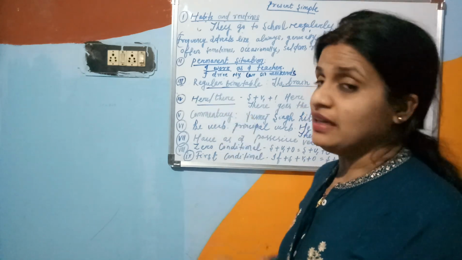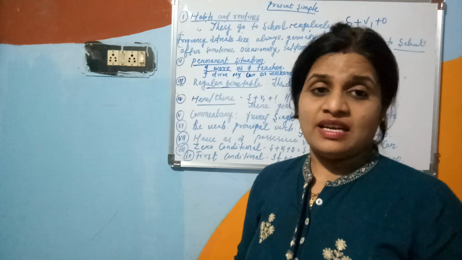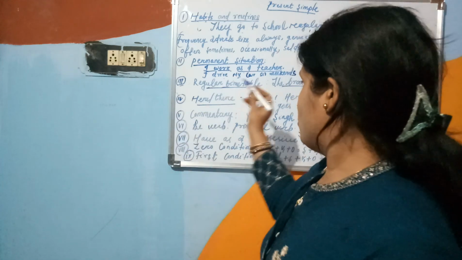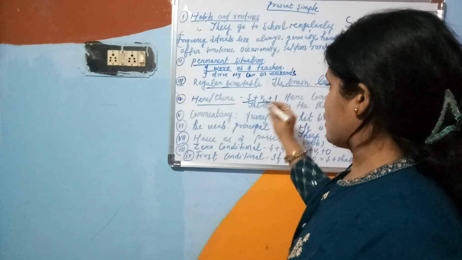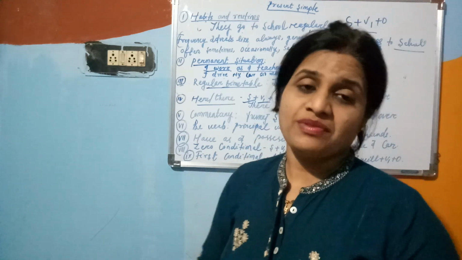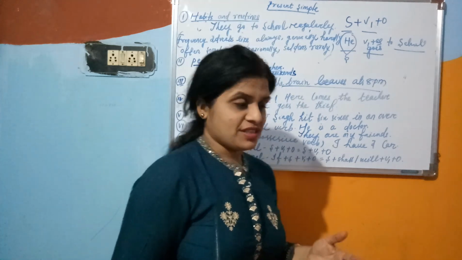Next is the "here and there" usage. Generally we use the rule subject plus verb 1 plus exclamatory mark. There are four types of sentences: declarative, imperative, exclamatory and interrogative. Exclamatory means when you are surprised, we can use an exclamatory sentence.